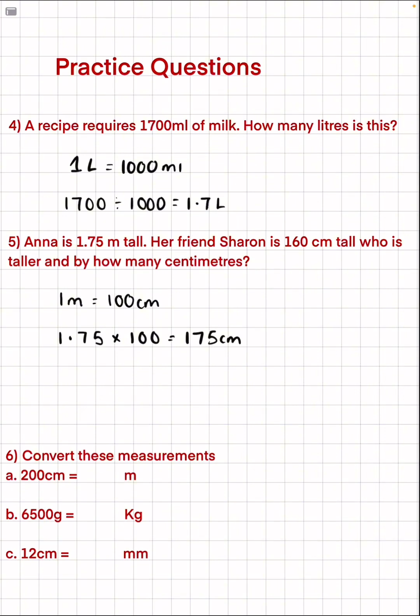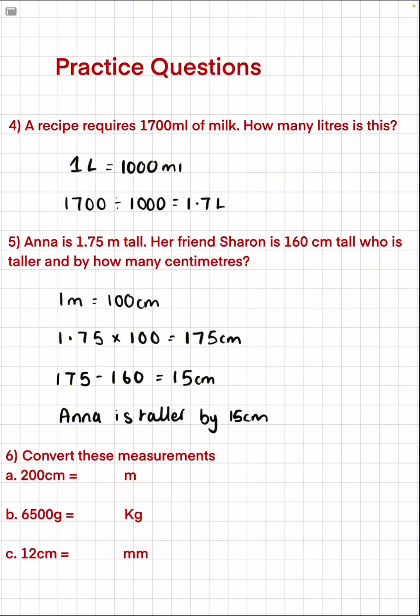To find out how much taller Anna is than Sharon, we need to do 175 minus 160, which equals 15 centimeters. So the answer is Anna is taller by 15 centimeters.